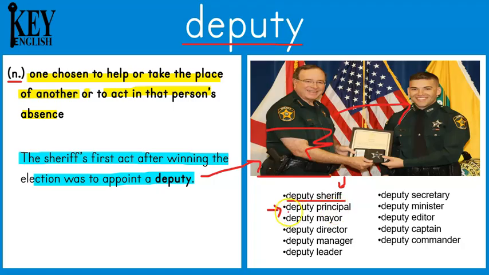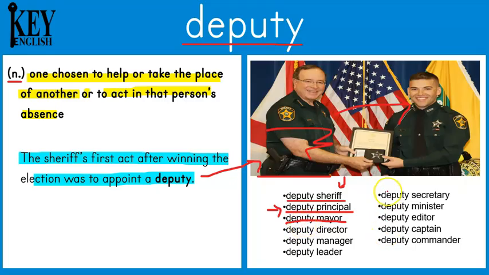So remember, there is a principal, and then the person who is under that principal might be the deputy principal, or sometimes called the vice principal. Another example could be the mayor's deputy attended the meeting for her. So the helper of the mayor might go and attend the meeting when the mayor is not able to.